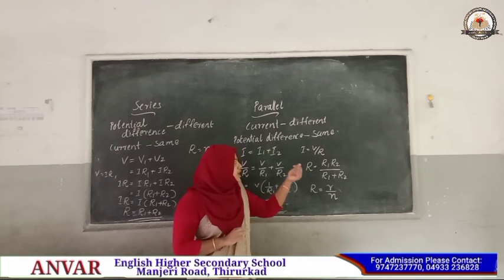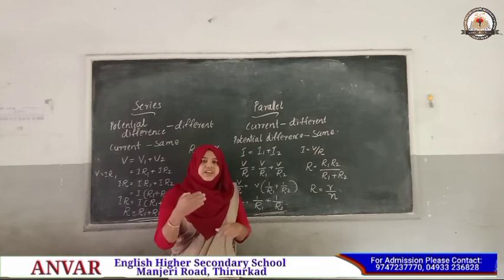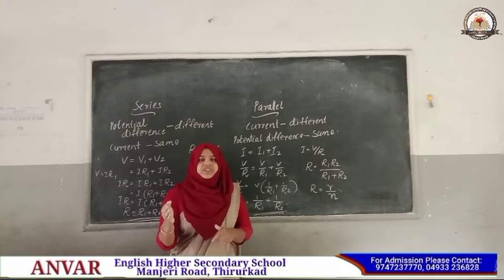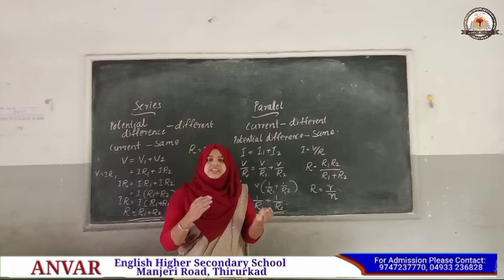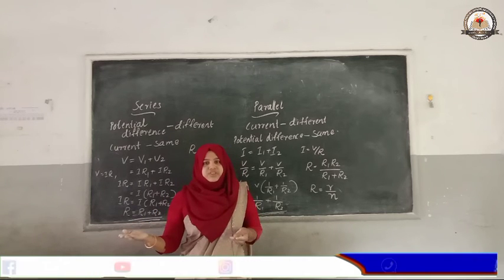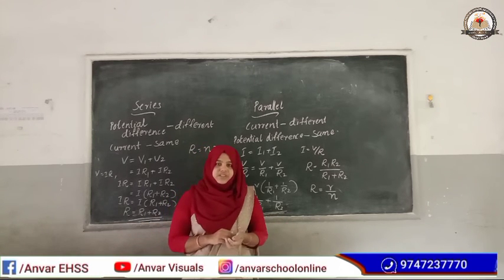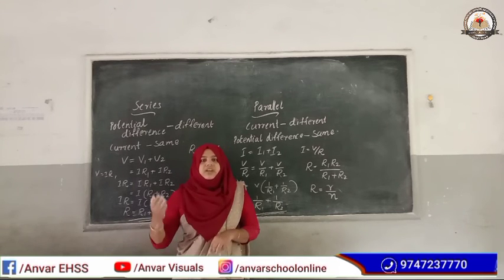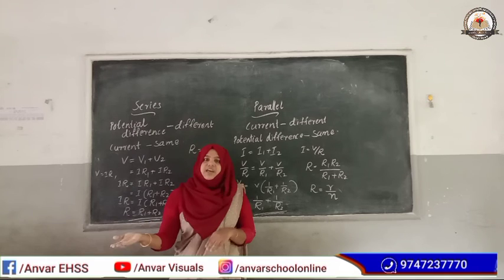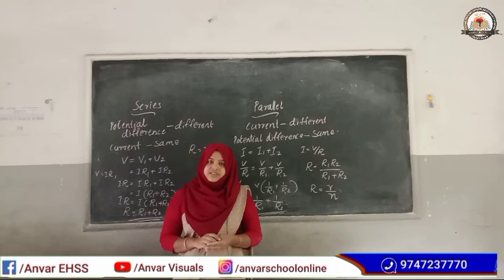From this equation, we can understand that when we are connecting resistors in parallel combination, the effective resistance of the circuit decreases. So that is the difference between series combination of resistors and the parallel combination. Then we have to discuss the differences between series and parallel combination of resistors.